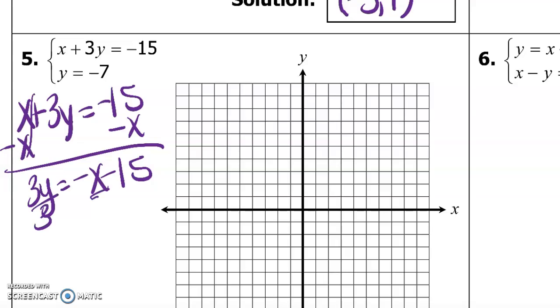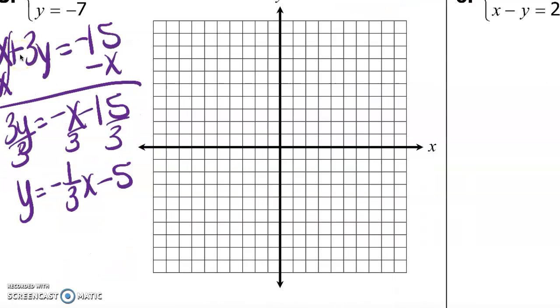Divide by 3. Y equals negative 1/3 x minus 5. So when I graph this, I start down 5. And then down 1, right 3. I can go up 1 and left 3.